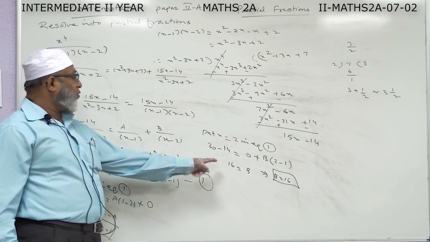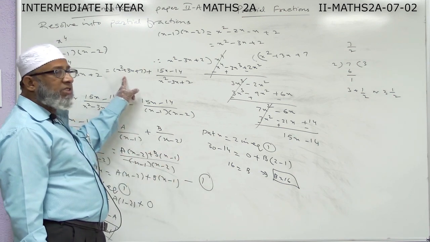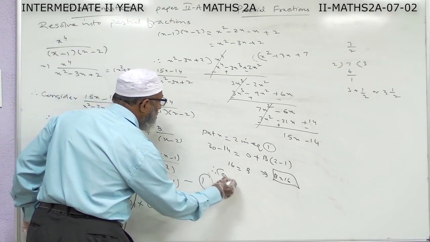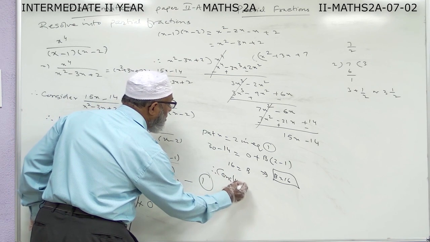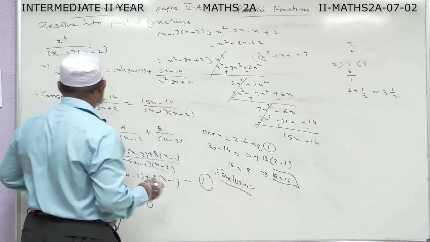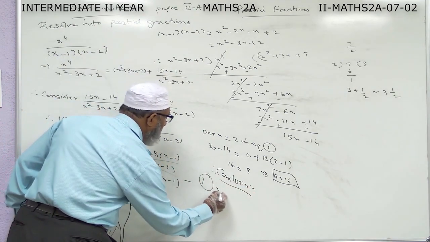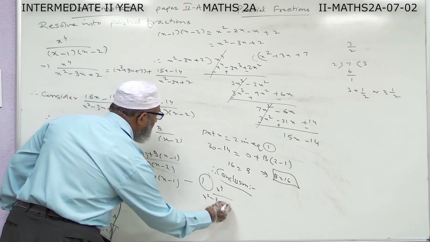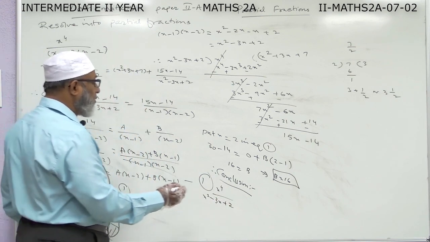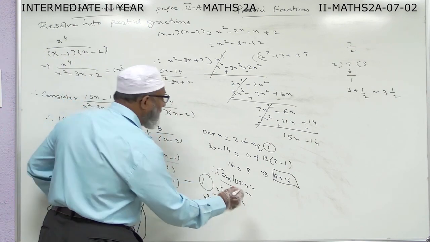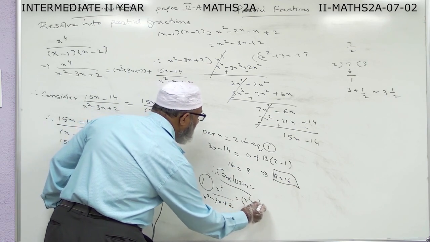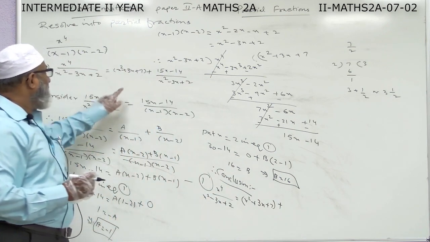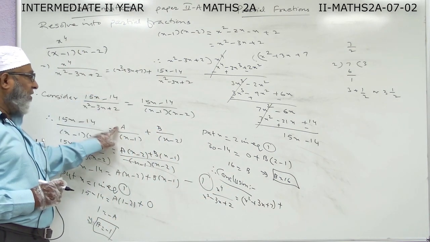Therefore, I have to substitute all these values here, keeping this in consideration also. Therefore, my conclusion is: (x to the power 4) by (x square minus 3x plus 2) is equal to x square plus 3x plus 7 plus, for this a, what is a?